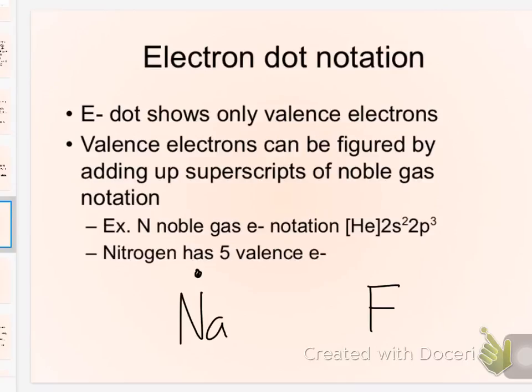And it's only got 1 valence electron to add to be like a noble gas. So we know it's got 7 valence electrons. When we start drawing electron dot notations, if you listen very carefully to the rules, you're imagining that this atomic symbol is surrounded by a bunch of invisible boxes.